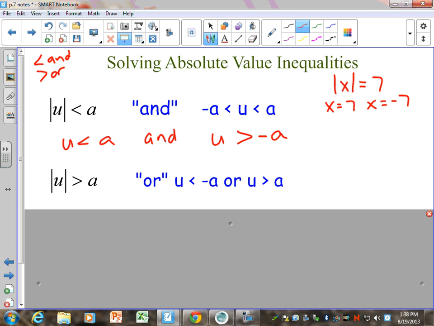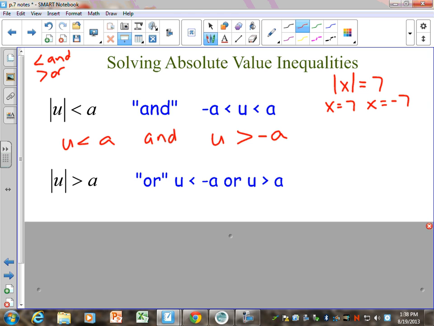So, if I have the absolute value of something is greater than a, greater than means or. And again, you can set it up two ways, and I wrote it here, this is the book's definition here, that if you see that, it means this.